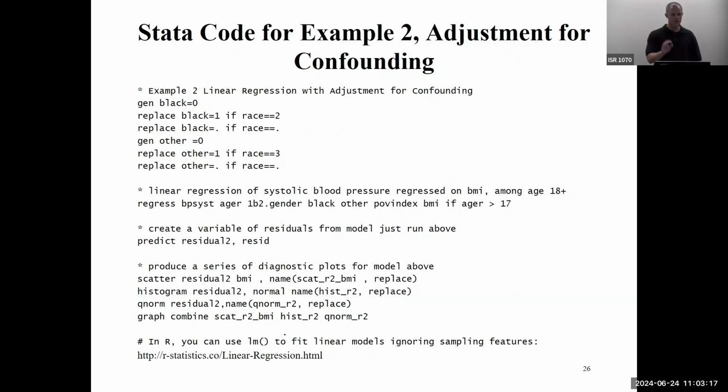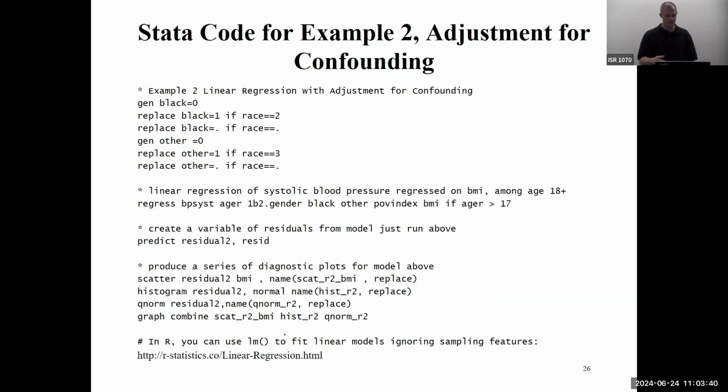Okay, so I fit that model. Again, save my residuals, but notice I saved the residuals in a new variable, residual 2. Okay, so I'm not creating the variable that already exists. Then all of my subsequent diagnostic plots are using residual 2. They're not using the original residual variable. So I just formed another new variable based on that second model.